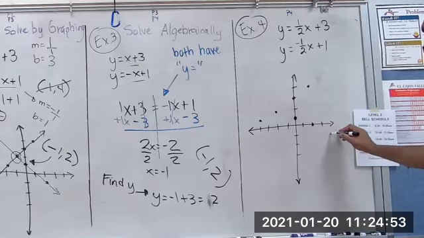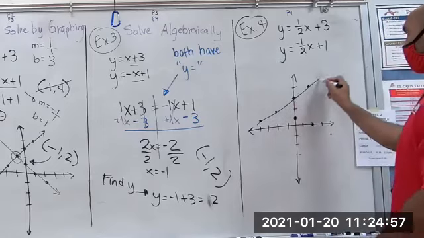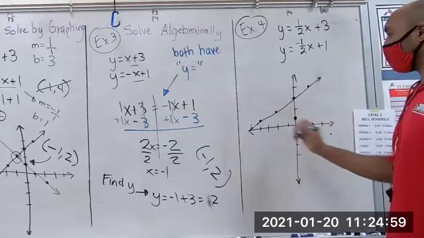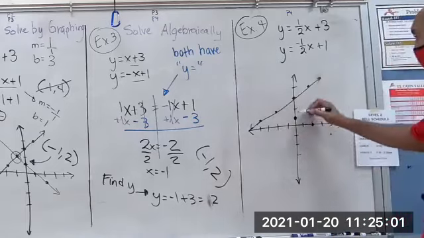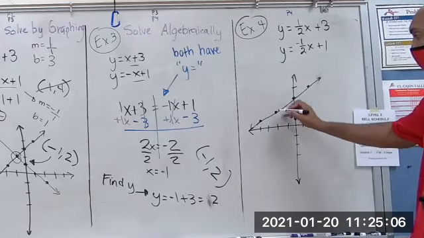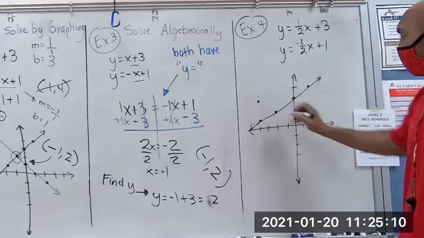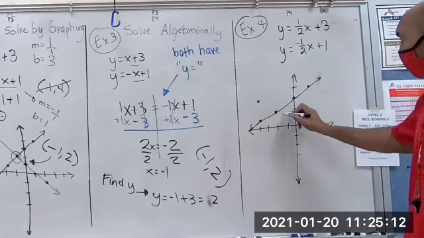Down 1, right. But I need to know where does this line touch the other line, right? So I need to go back the other way. So I go up 1, left 2, there's the answer. All right, and then I do one more point, up 1, left 2. Now I can finish my line.